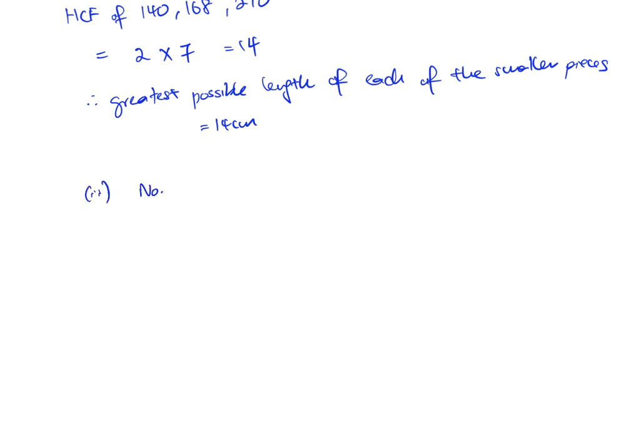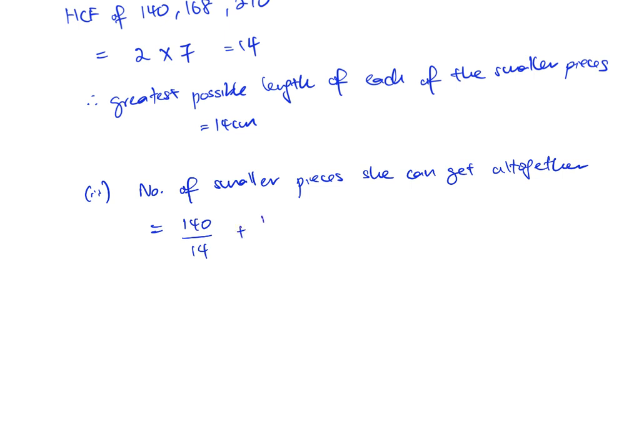The number of smaller pieces she can get altogether is equals to 140 divided by 14, plus 168 divided by 14, plus 210 divided by 14. That will give you 10 from the first length, 12 pieces from the second, and 15 for the third. So altogether you will have 37 pieces.